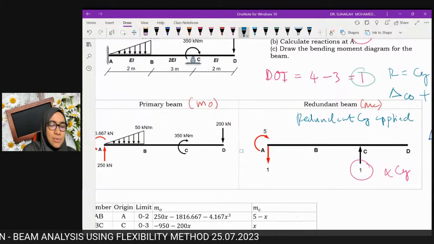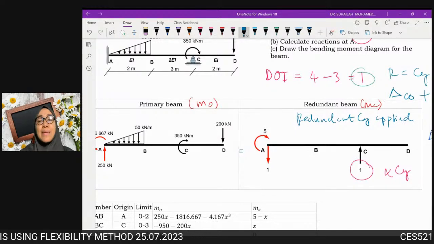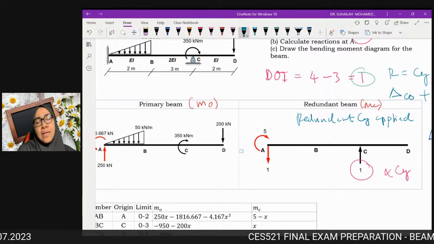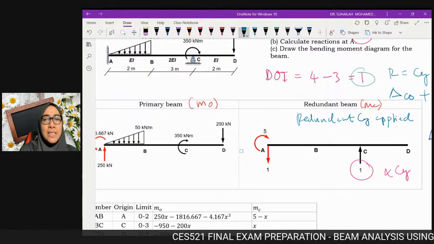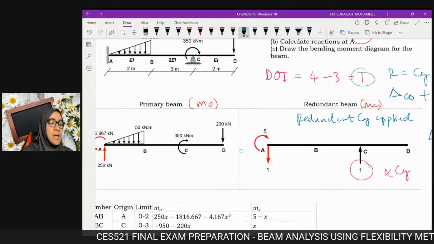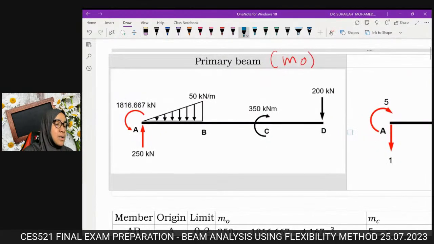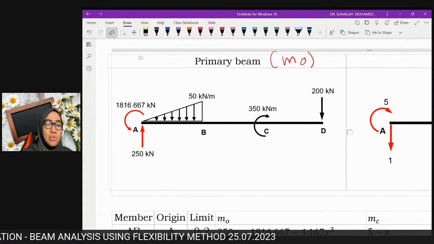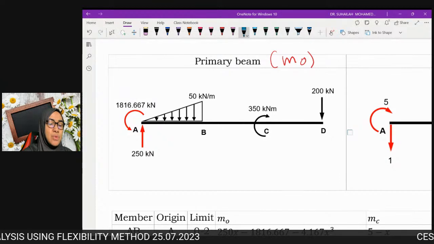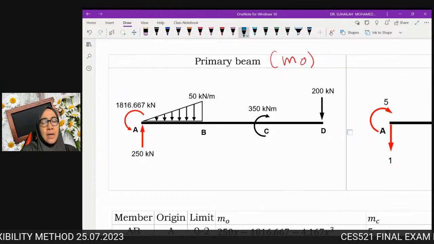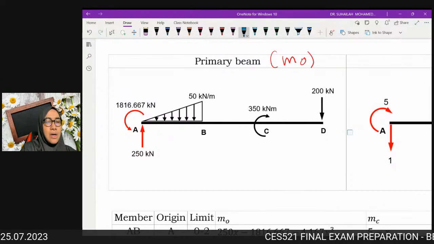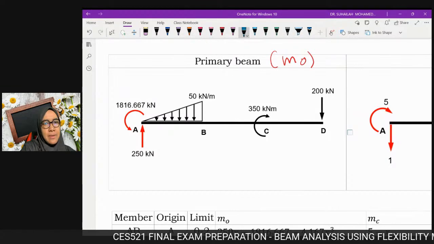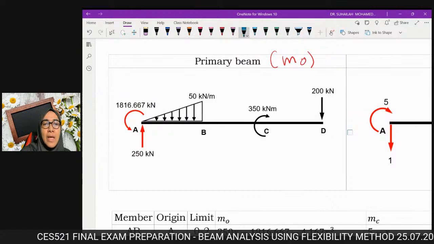That is why we name it MC. In order to write the moment equation, we have to calculate the reaction at support A, the fixed support.